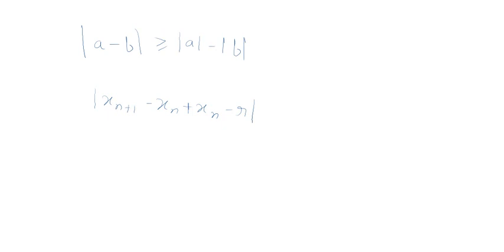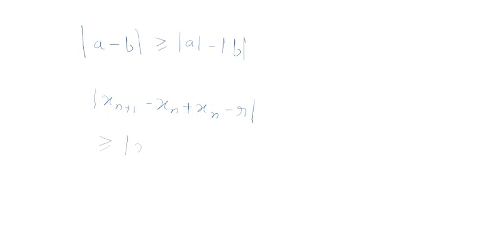So this is certainly mod of A plus B, or mod of A minus B: xn plus 1 minus xn plus xn minus R. So this will be certainly greater than or equal to mod of, an application of this.